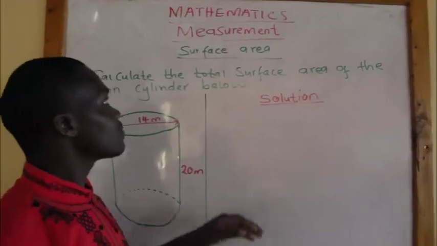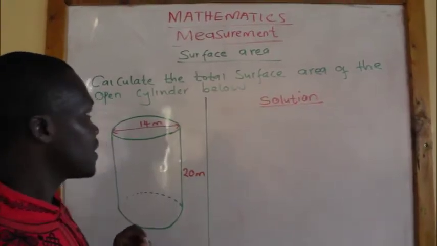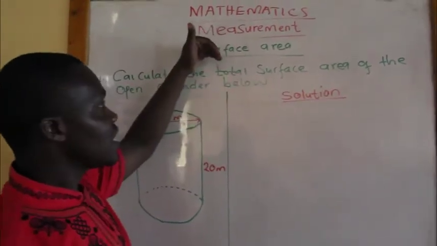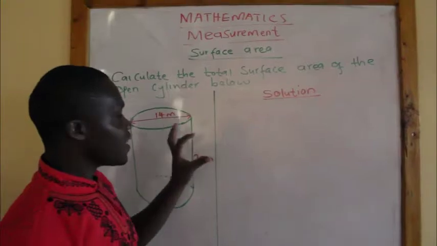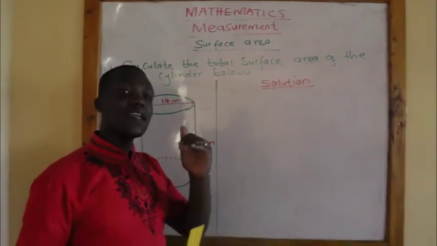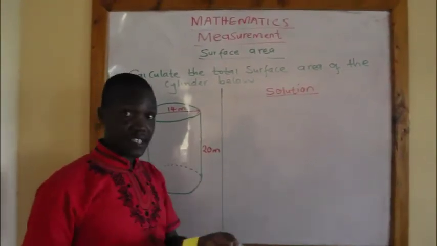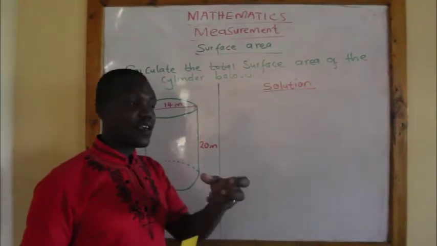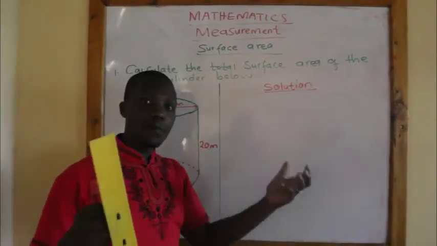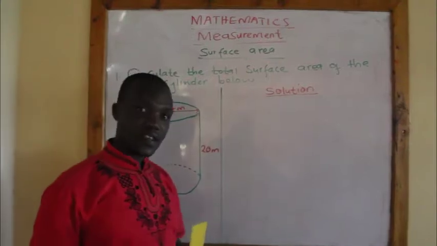Surface area means the area of every face, or the area of every surface. So if a figure has 6 faces, you find the area of every face, and at the end you add them all to get the total surface area.